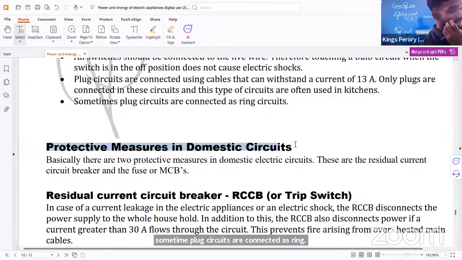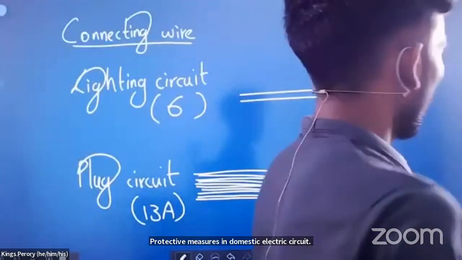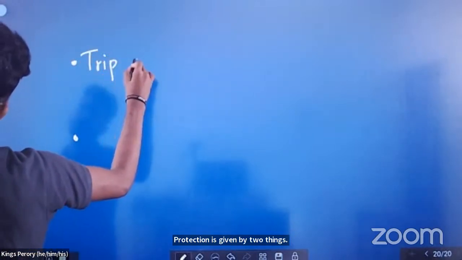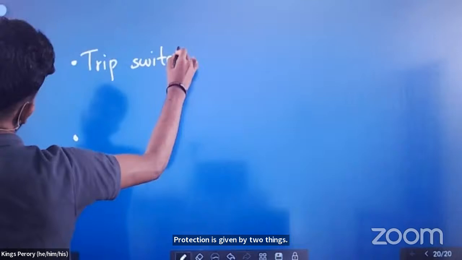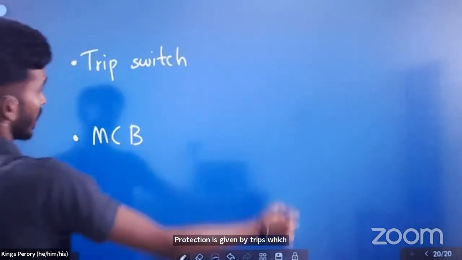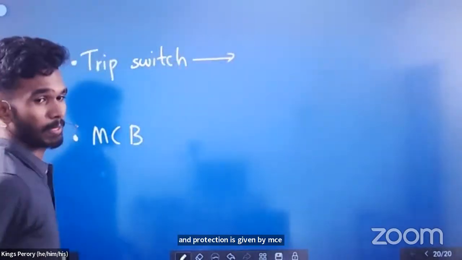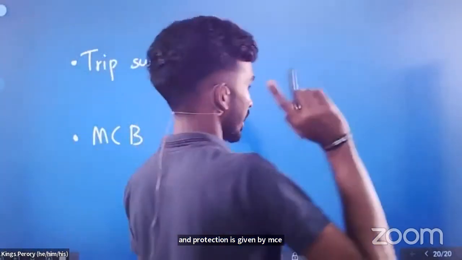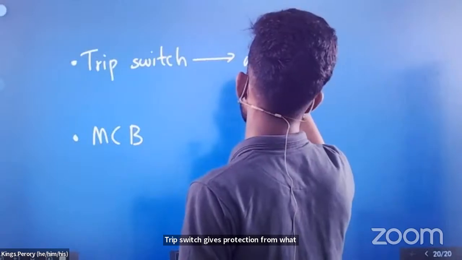Protective measures in domestic electric circuit. How are we protected in our houses? Protection is given by two things: the trip switch and the MCB. Trip switch gives protection if there is a leakage in current.